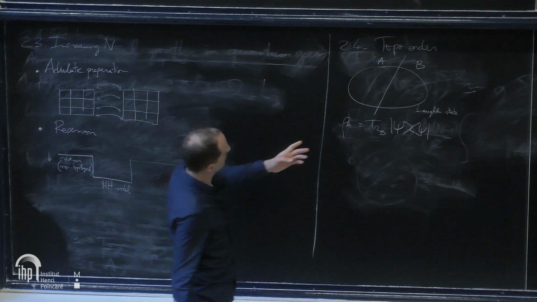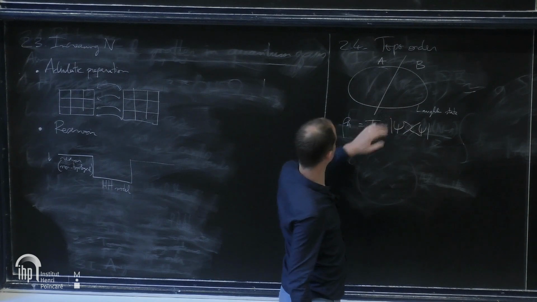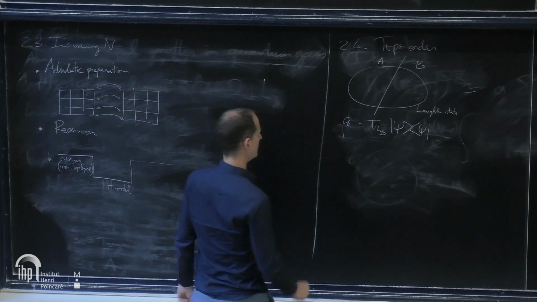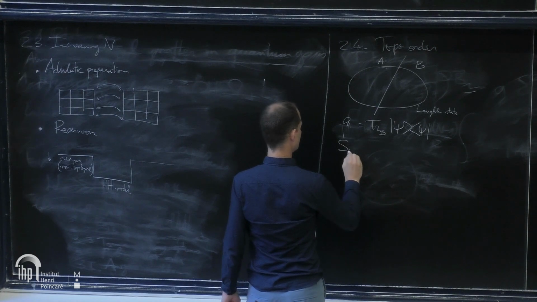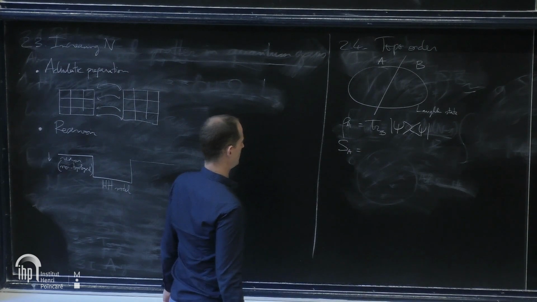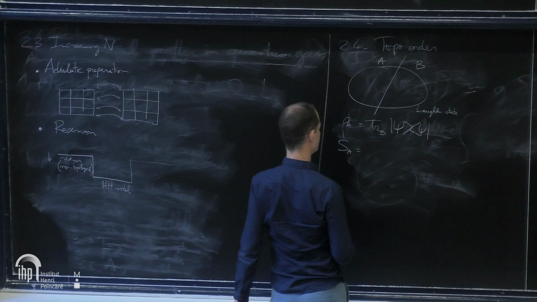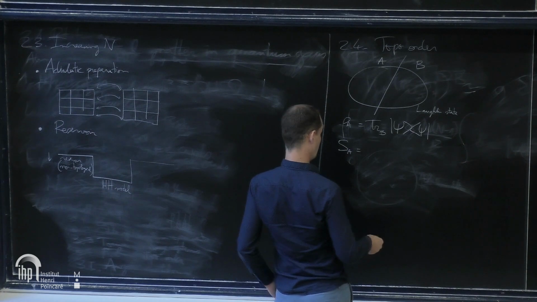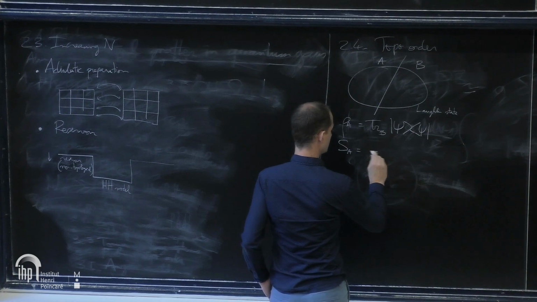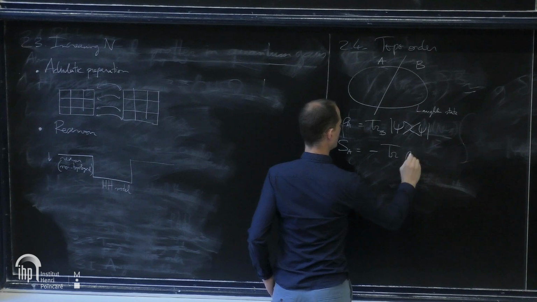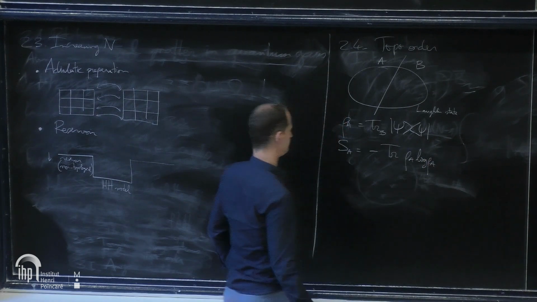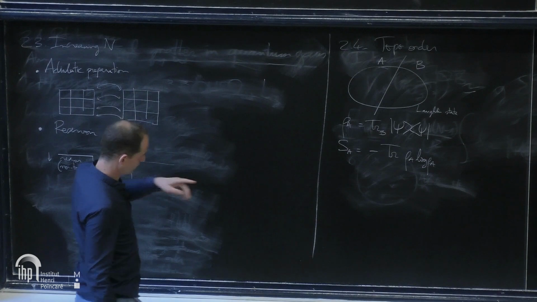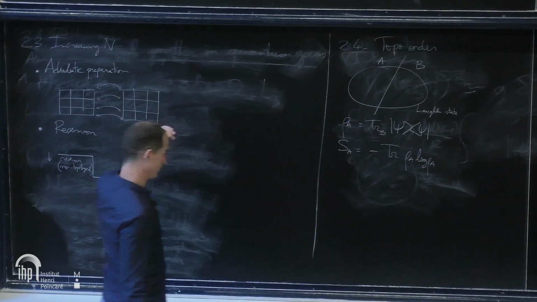And then, because you have entanglement between the two, rho A will be a mixed state, and you can quantify the strength of entanglement via the so-called entanglement entropy, which is minus trace of rho A log rho A. So this is the von Neumann entanglement entropy.